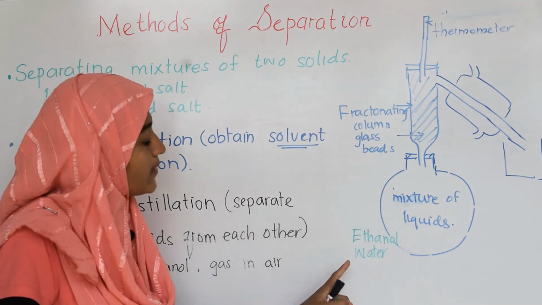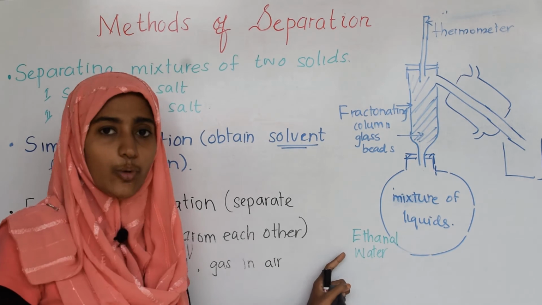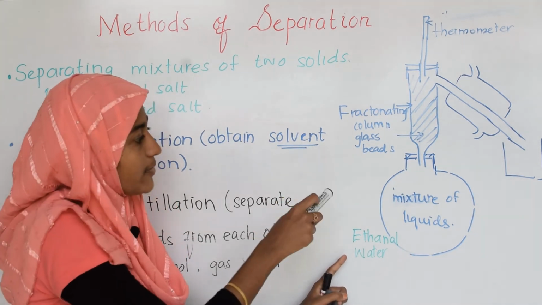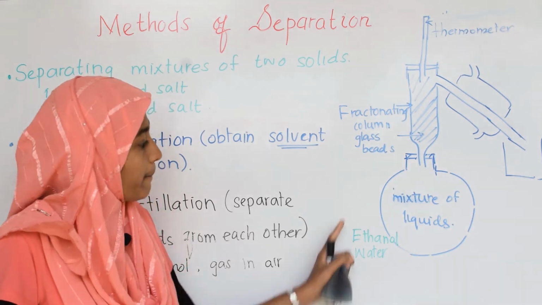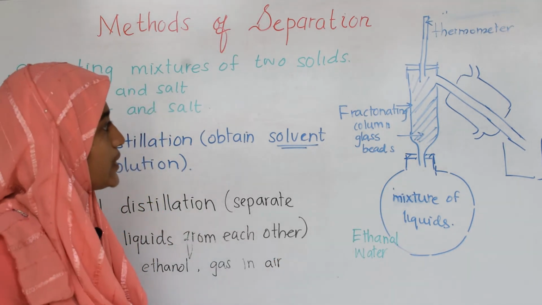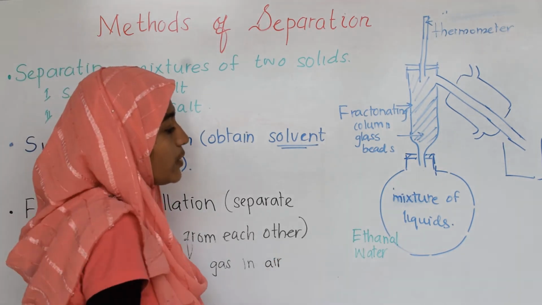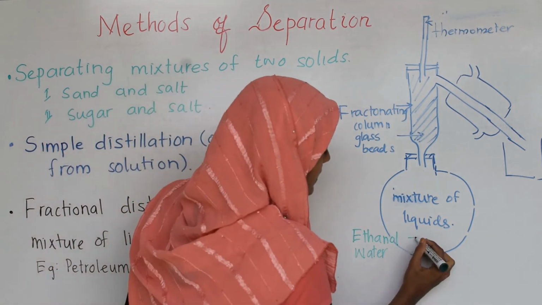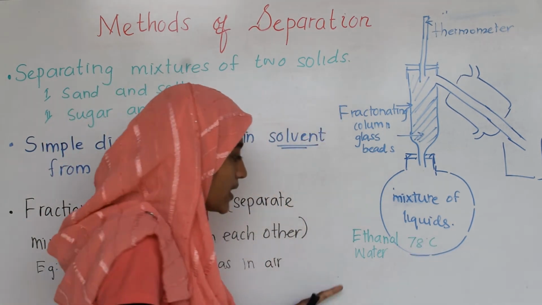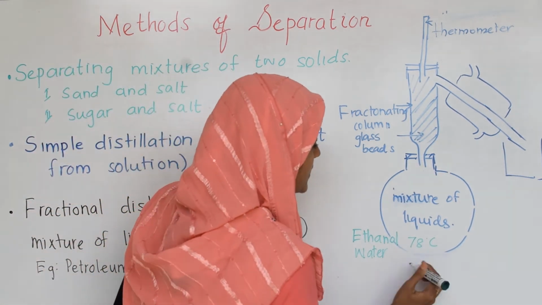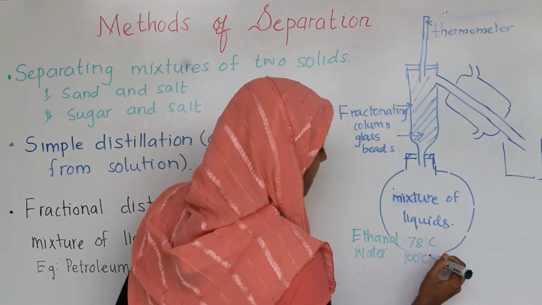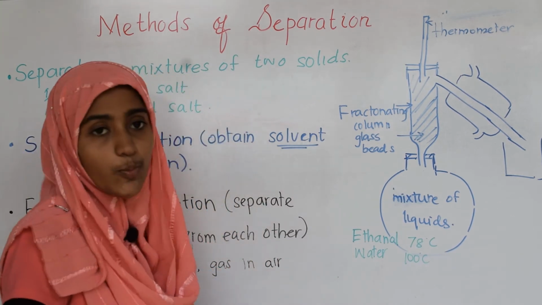Since these different liquids have different boiling points, fractional distillation makes use of that concept. So here ethanol's boiling point is, let's say, 78 degrees Celsius. Water boils at, everybody knows, 100 degrees Celsius. So these are its boiling points.